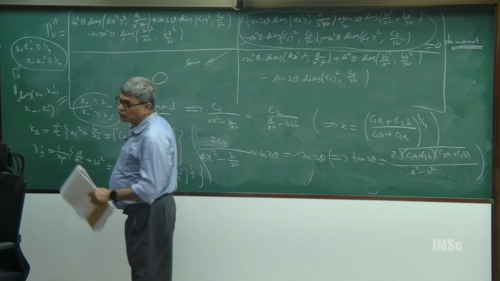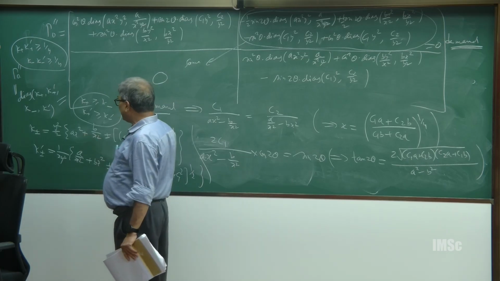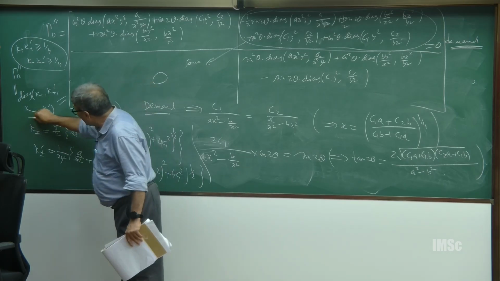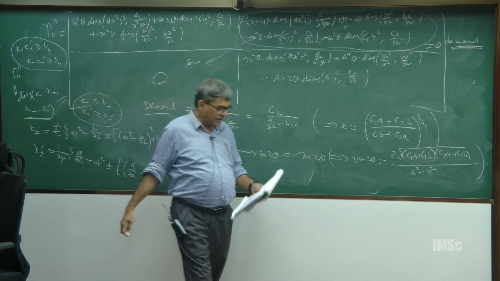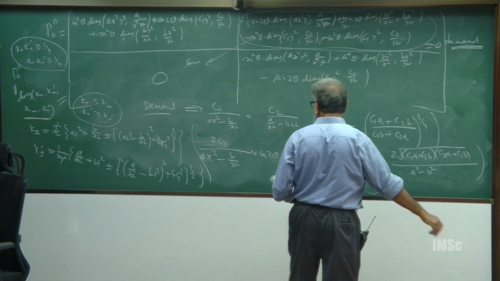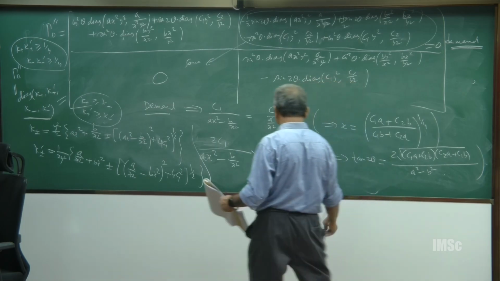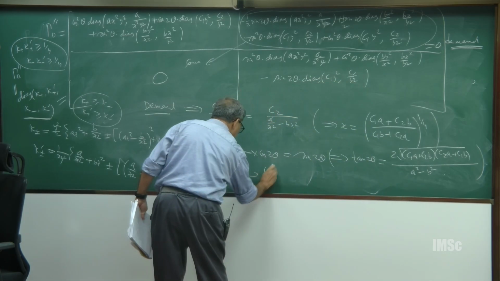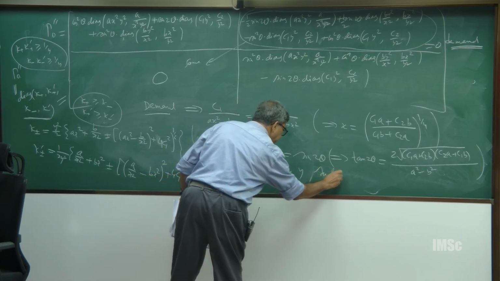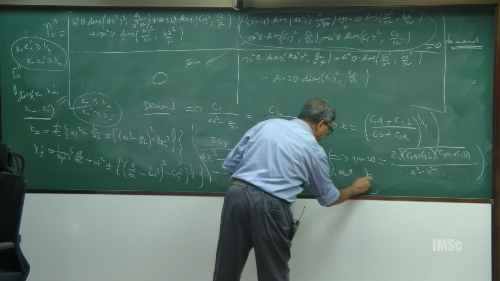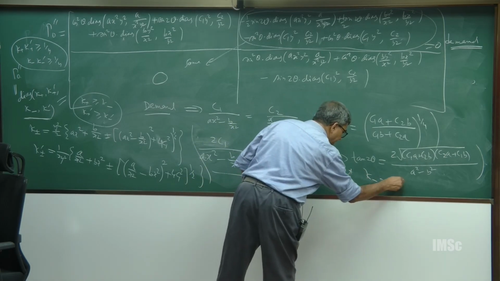So, now what do I do? I choose this y in such a way that these two become equal, kappa minus and kappa minus prime become equal. So, basically you choose y such that kappa minus is equal to kappa minus prime.